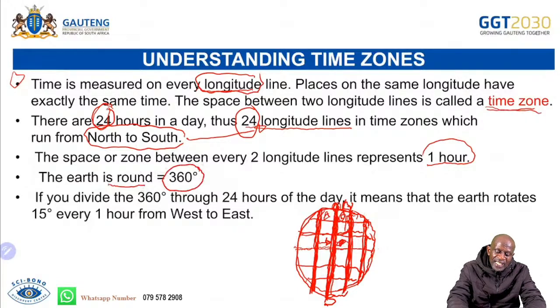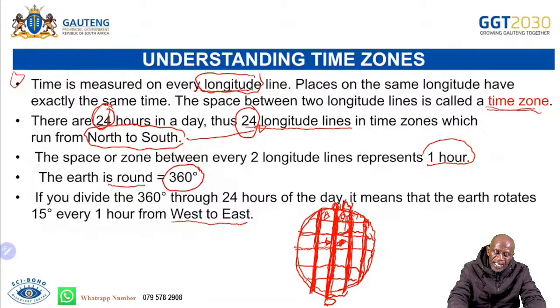If you divide 360 by the 24 hours of the day, it means that the earth rotates 15 degrees every 1 hour from west to east.